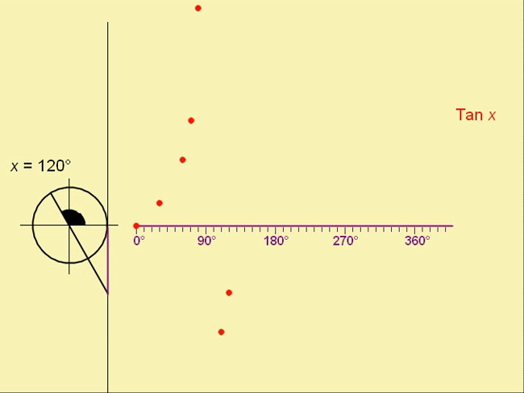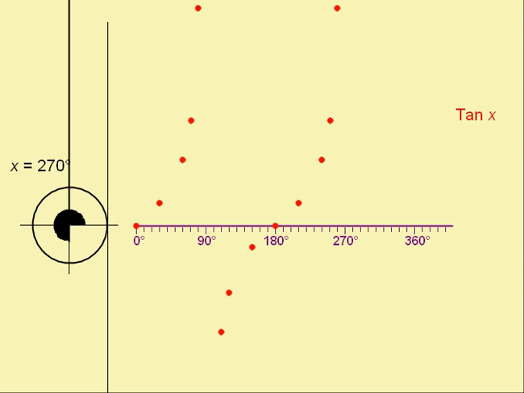I can continue in the same way until I reach 180 degrees, where the value of tan x is 0. So notice now that we're back to this point again, and the graph is going to continue upwards. What do you think is going to happen when I hit 270 degrees?